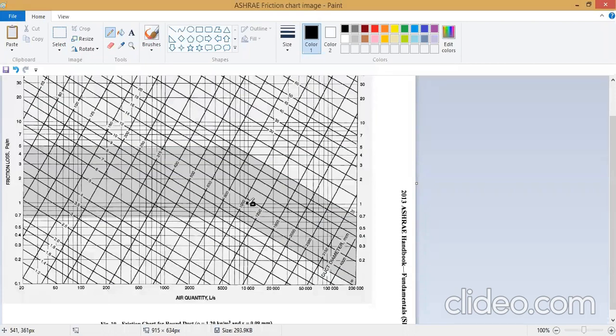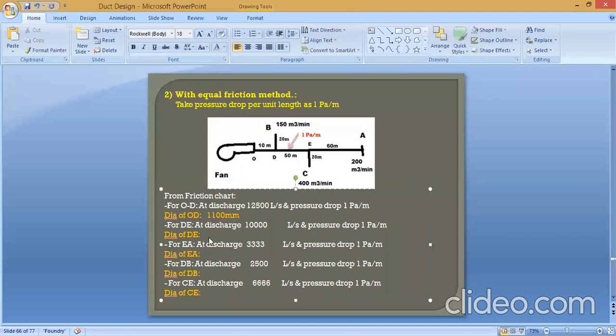So this comes to be here, and which is again approximately 1050 mm.